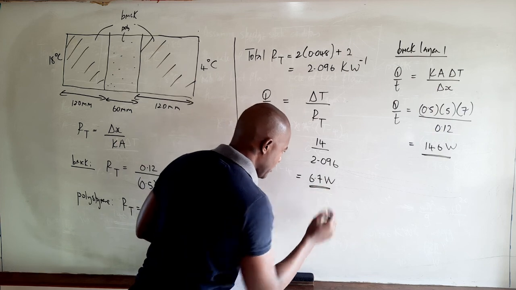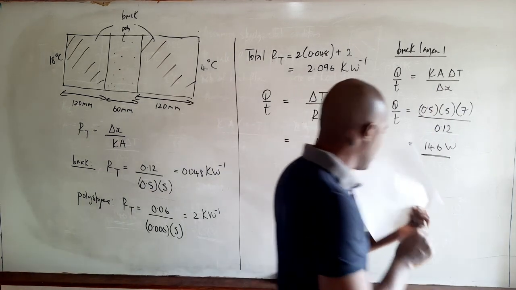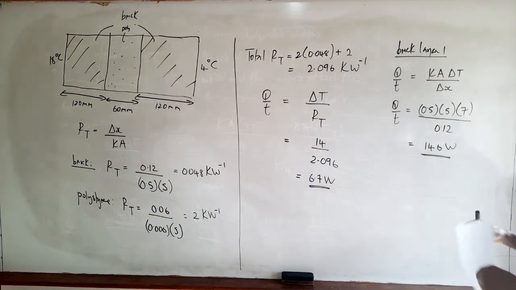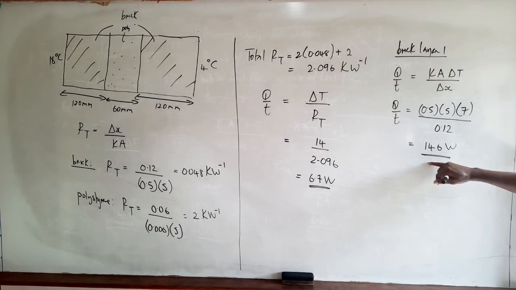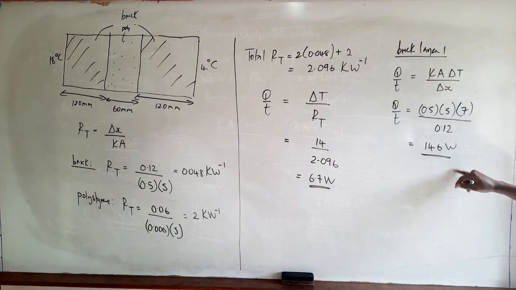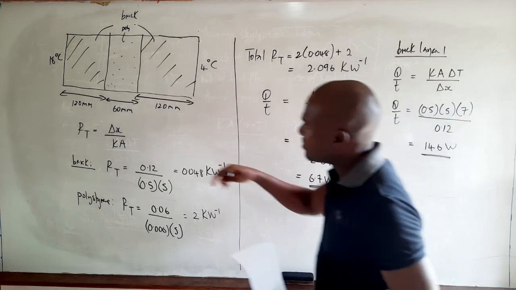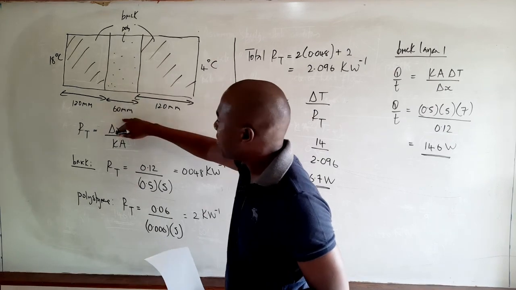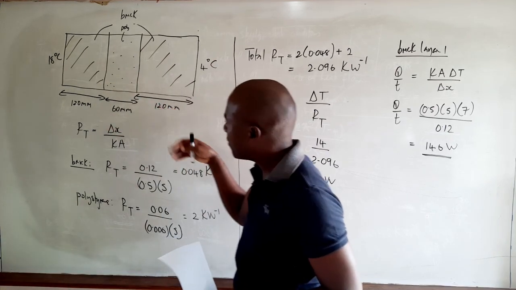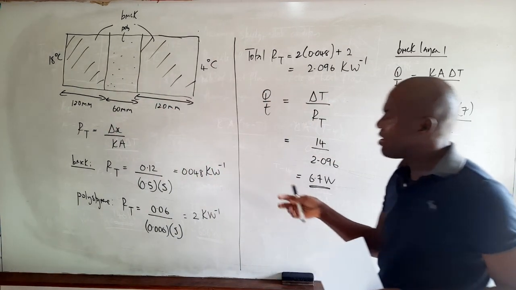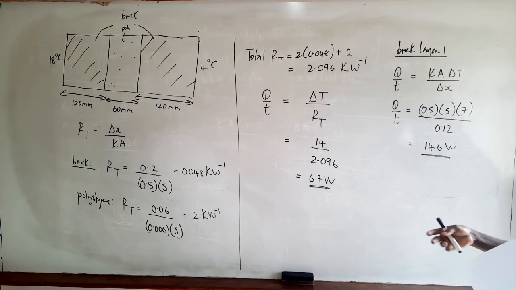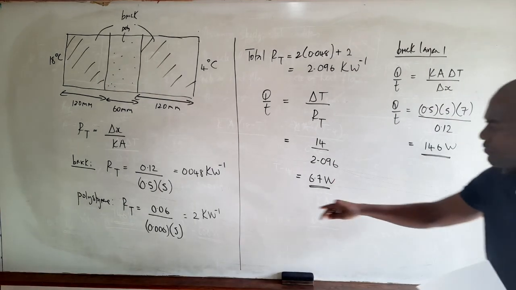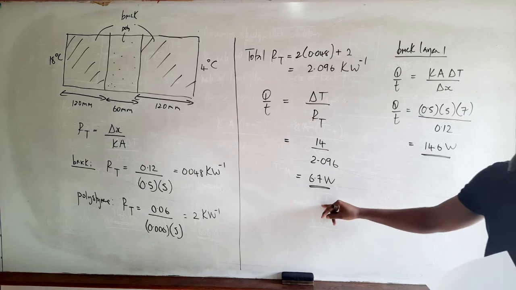Now, if we were to compare these two values, what we will now see is that when the wall was simply 2 layers of brick, the rate at which heat was conducted through the wall was given as 146 watts. Now, however, by simply placing a layer of polystyrene of thickness 60 millimeters and of course thermal conductivity 0.006 between the 2 layers of brick, the rate of heat flow has significantly reduced, right?